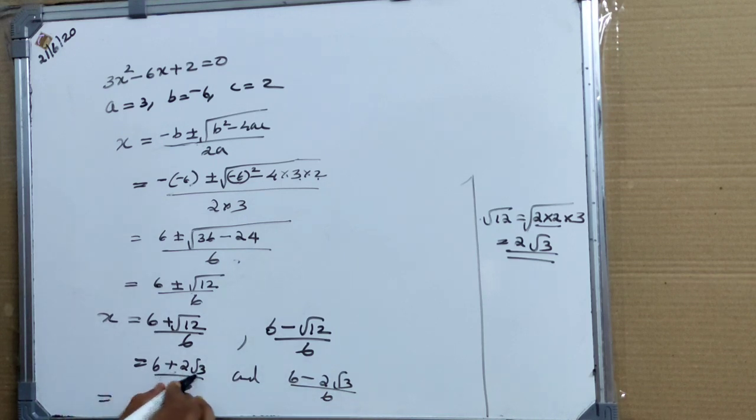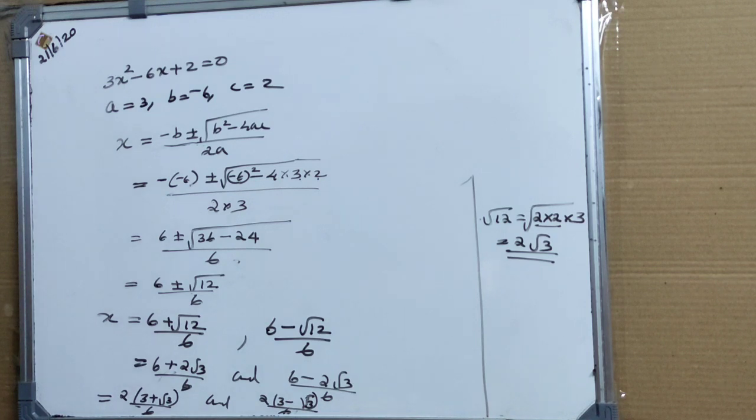Again you can take a common factor from this. What is common here? 2 is common. 2 into 3 plus root 3 by 6 and 2 into 3 minus root 3 by 6.